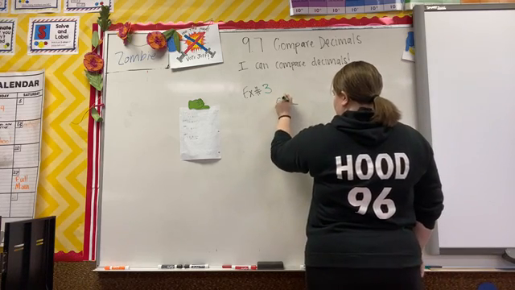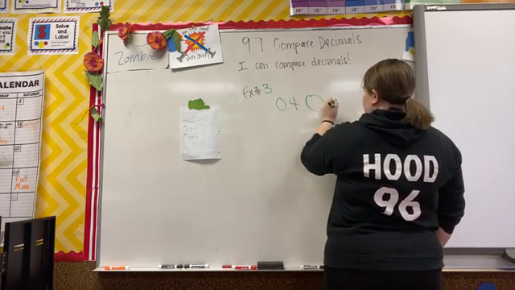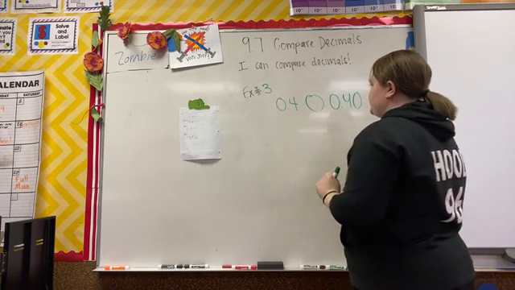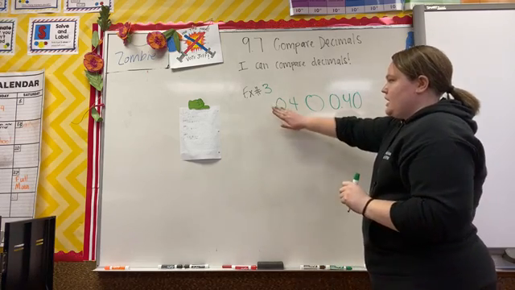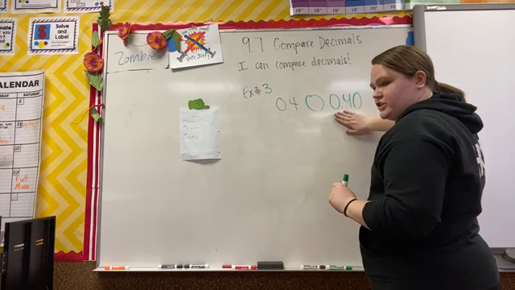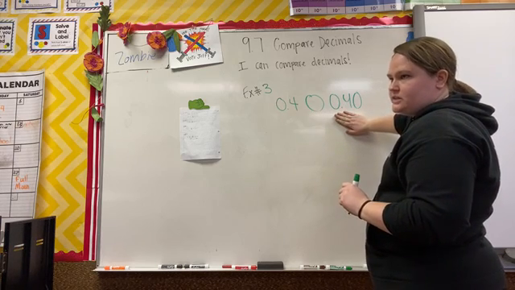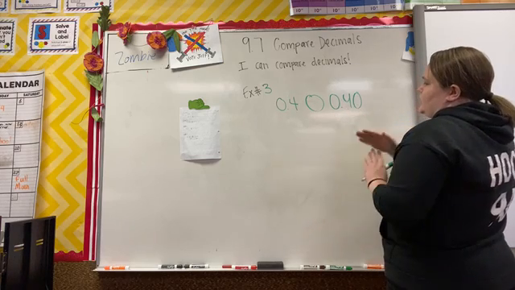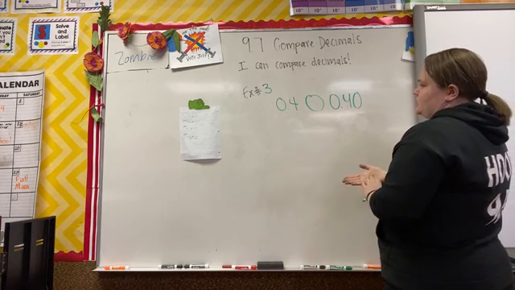I have 0 and 4/10 compared to 0 and 40/100. I think I said 4/10, but 40/100. Okay? I want them both to be in the hundredths place.